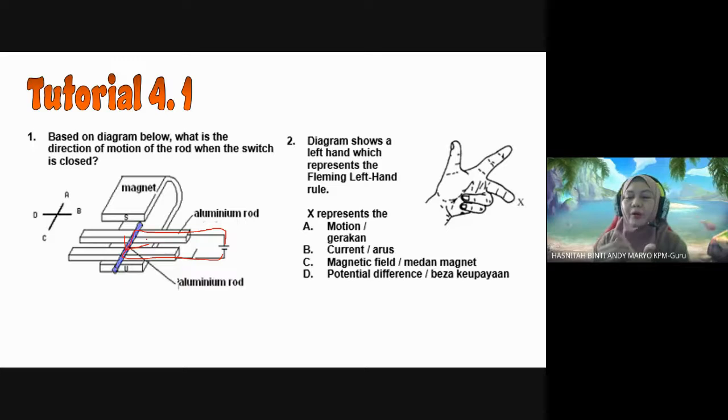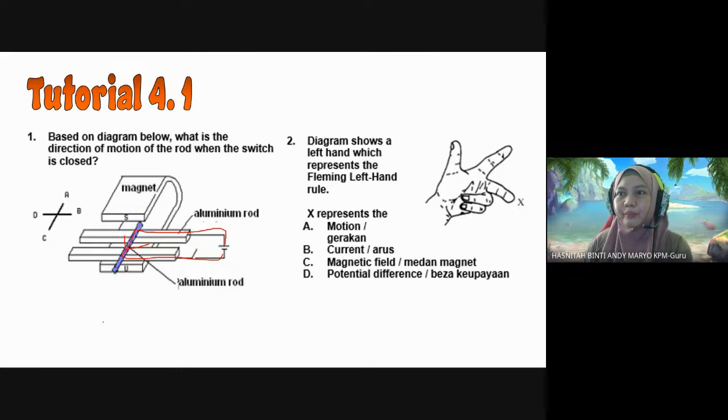And then your index finger pointing where? Where is the south pole? It is upwards. So you twist your finger, index finger pointing south, pointing up. So you can see now, your thumb is pointing where? Pointing to B or pointing to D?